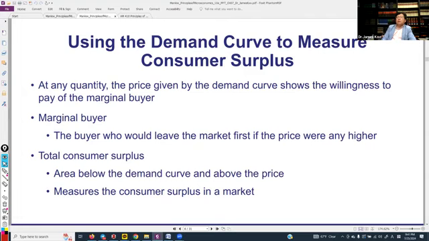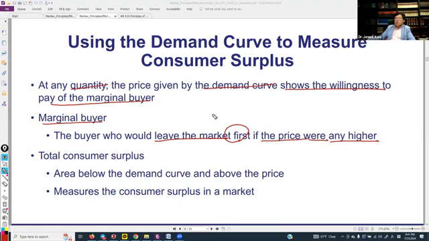We use the demand curve to measure consumer surplus at any quantity. The price given by the demand curve shows the willingness to pay of the marginal buyer. What is a marginal buyer? The buyer who would leave the market first if the price were any higher.